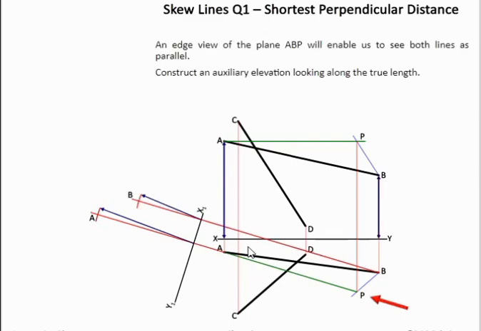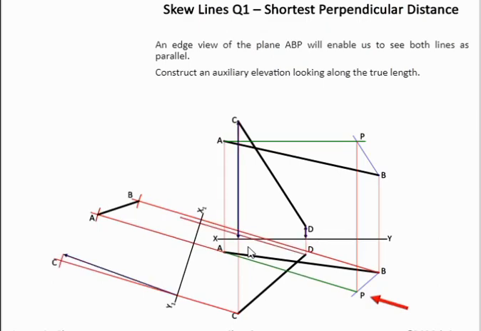So we have AB found, and then do the same for CD. If we have this done correctly, the two lines have to appear parallel to one another. That's the whole reason for taking this blue line parallel to CD and the blue line here parallel to CD: to get these two lines to appear parallel to one another.